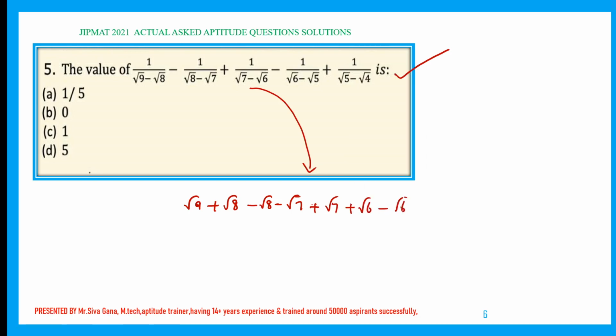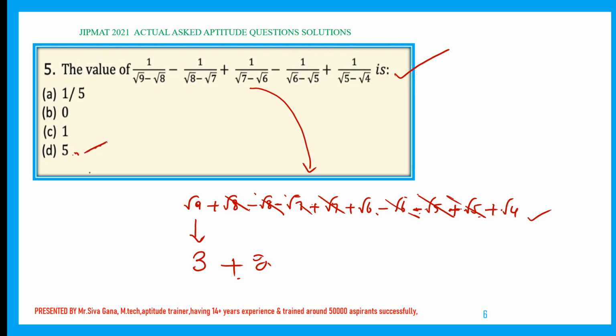Next term is minus root 6 plus root 5. The next term is plus root 5 plus root 4. Right? Root 8 minus root 8, root 7 minus root 7, root 6 minus root 6, root 5 minus root 5 get cancelled. Root 9 is 3 plus root 4 is 2. So answer for this question is 5.